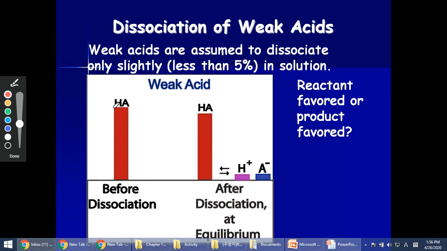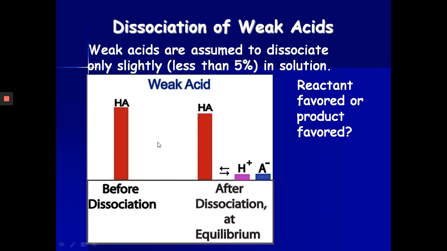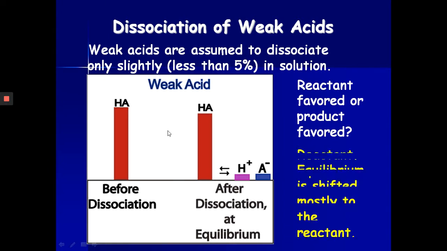If you take a look at these two concentrations, only about this much difference has dissociated into hydrogen and the anion. So based on this, what do we know about dissociation of a weak acid in terms of equilibrium? Which side is favored? The reactant side is favored, because a large portion of the original reactant remains in its original form rather than breaking into the product form, which is hydrogen ions and anions.